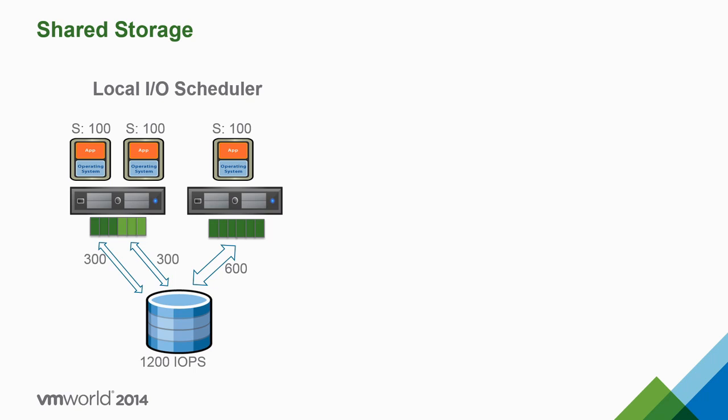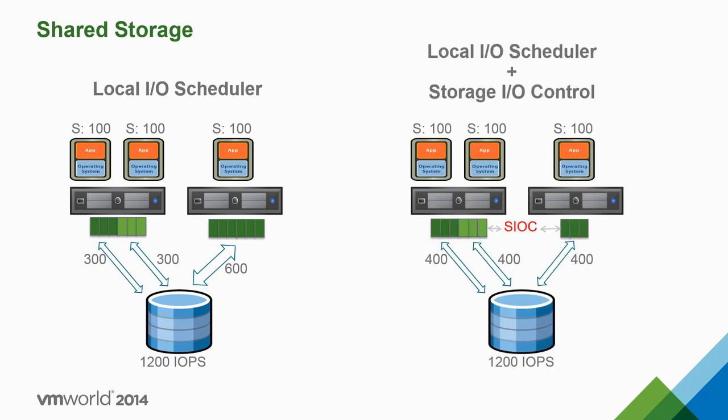So that's where Storage I/O Control comes into the picture. What it does is coordinate the actual queue slot consumption on the ESX hosts such that the performance each VM gets is proportional to its shares. In this example, Storage I/O Control shrinks the available queue slots on the ESX host on the left or on the right in such a way that all 3 VMs get equal performance of this data store, implementing the shares.